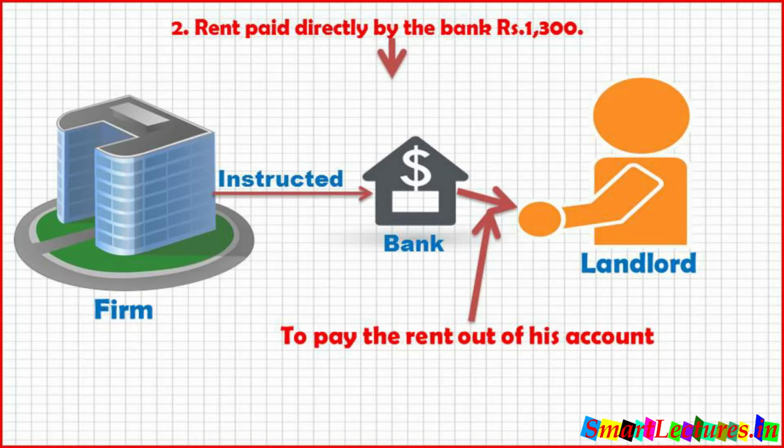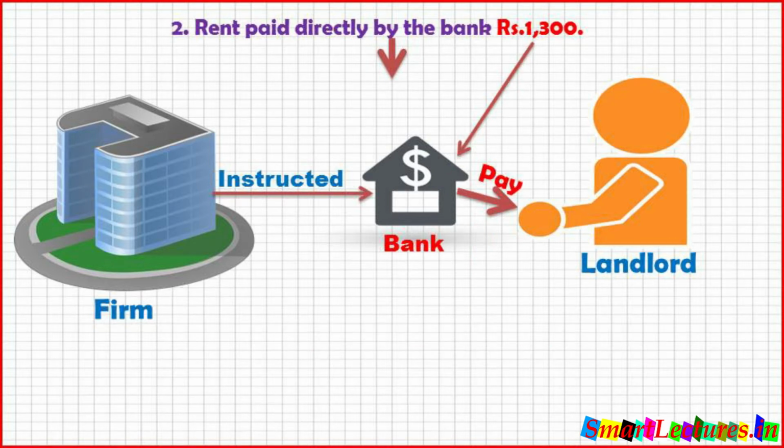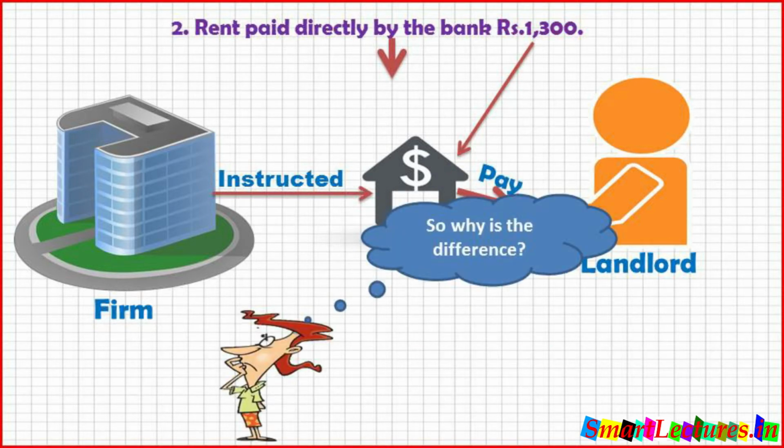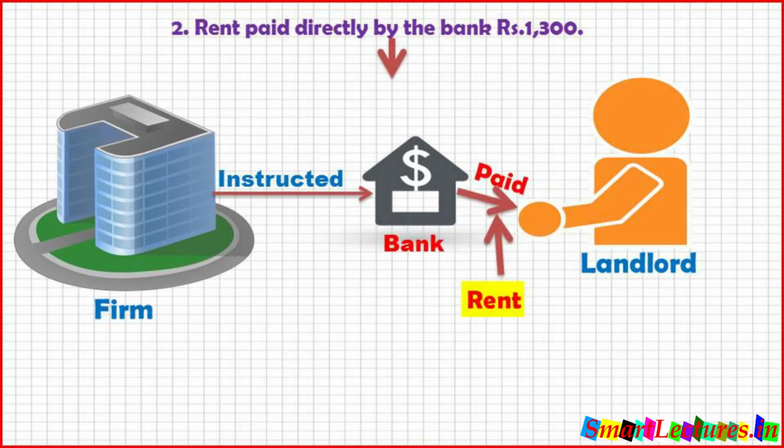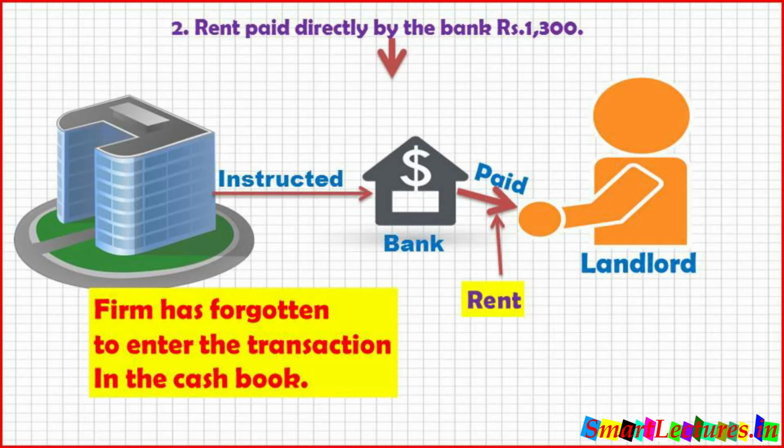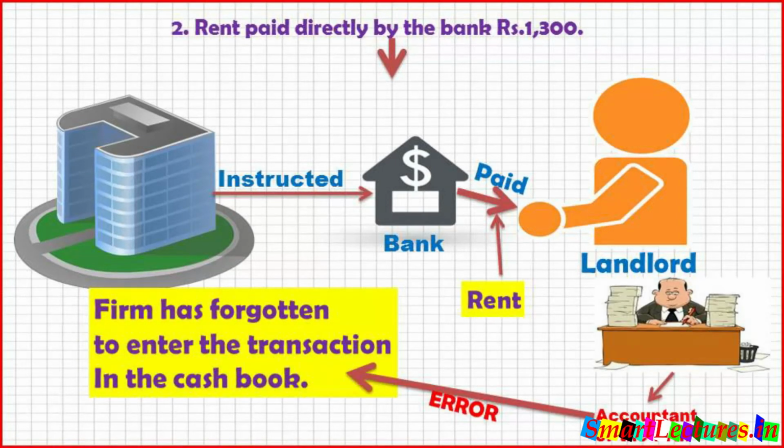And the bank paid the rent as per the instruction of the firm. It means the bank took 1,300 from our balance and paid it to the landlord. Then why is there a difference? We can assume very safely that rent has been paid by the bank, but the firm forgot to enter this transaction in the cash book. This is an error by the accountant of the firm.